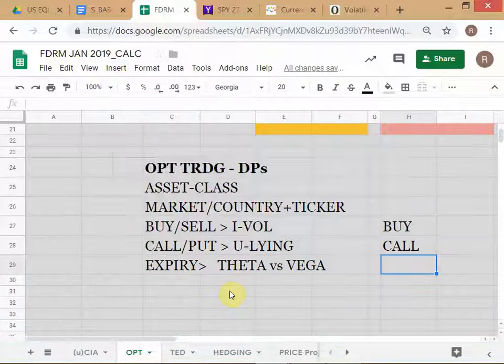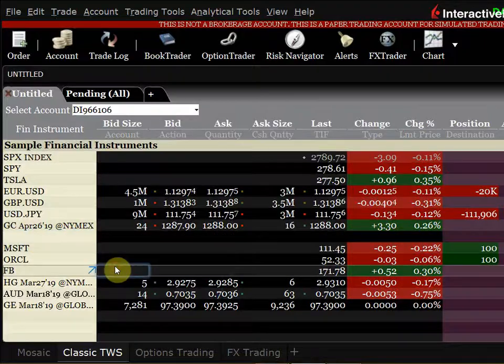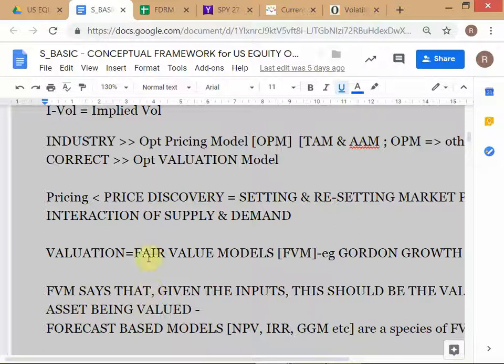So the decision problem is with respect to expiry. Yeah, it's not responding. Okay, so the decision problem with respect to expiry, what we do when you're buying, all this is in your notes. We can go down to the notes maybe.